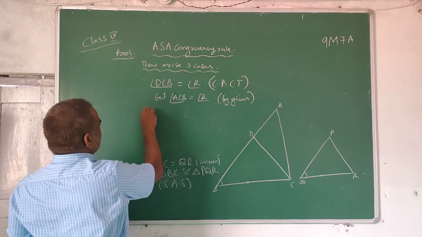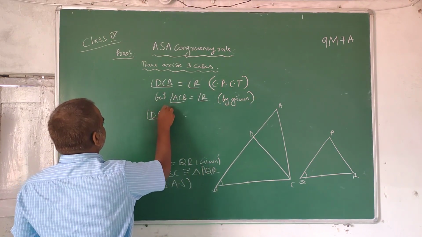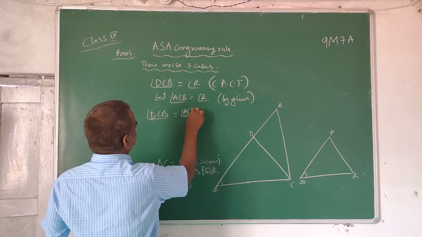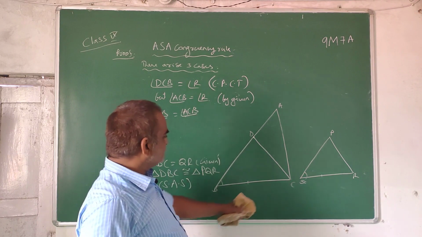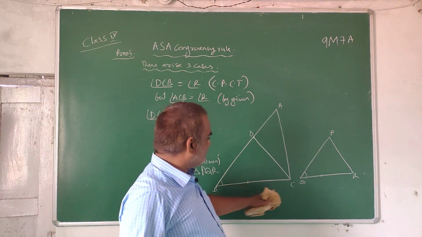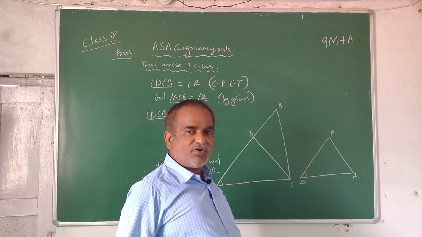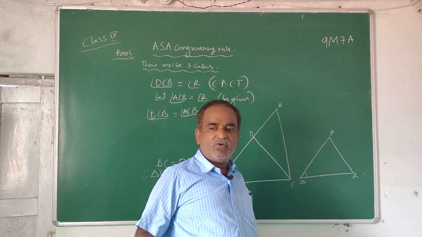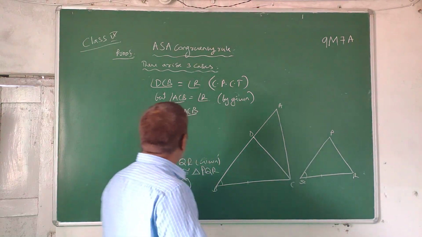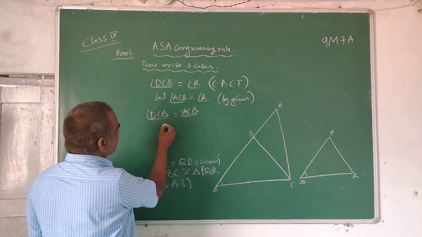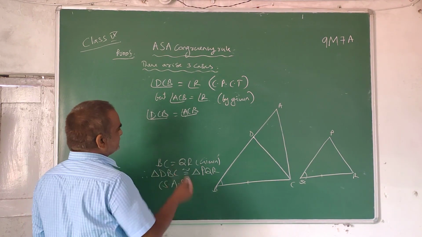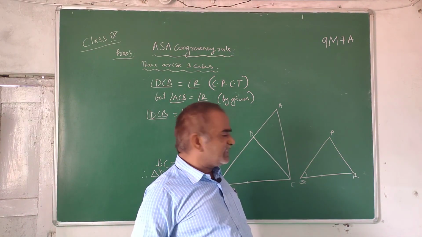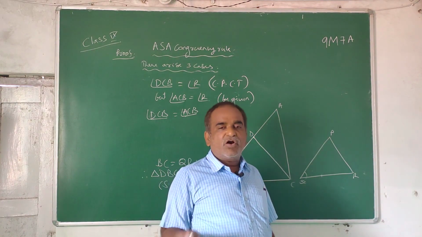Therefore angle DCB is equal to angle ACB, where angle ACB is the whole angle, angle DCB is the part angle. Whole angle cannot be equal to part angle. Therefore a contradiction arose. We considered that AB is greater than PQ, so it is not possible.